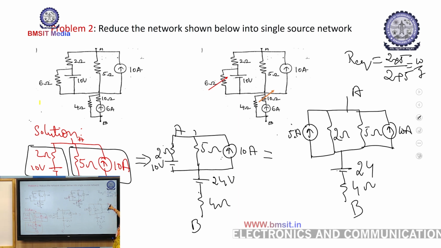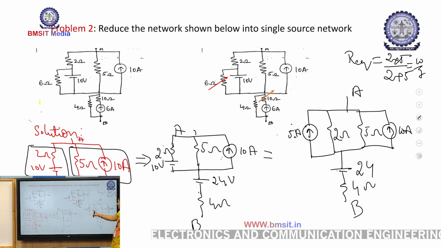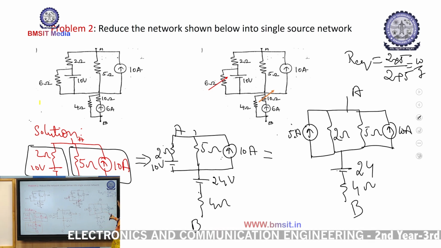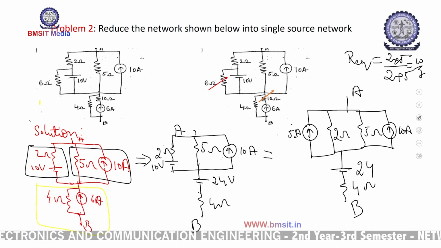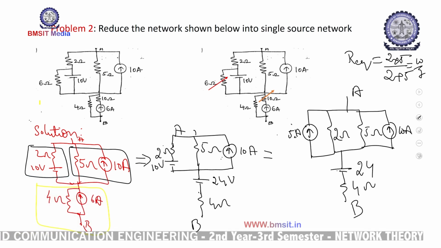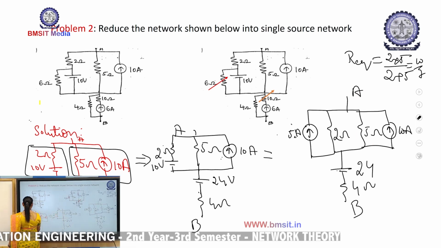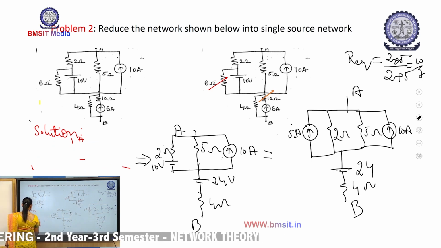This 10 by 7 resistor will be connected across the 15 amps, followed by 24 volts. So I will erase this part.